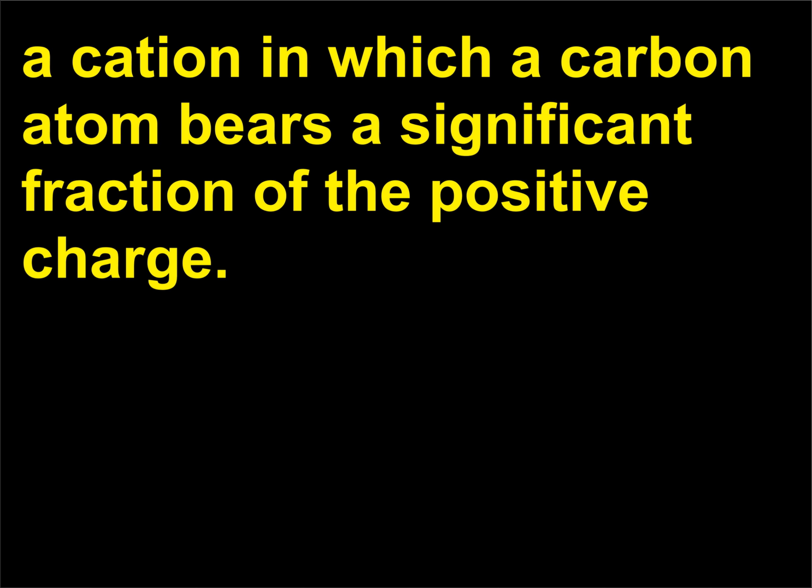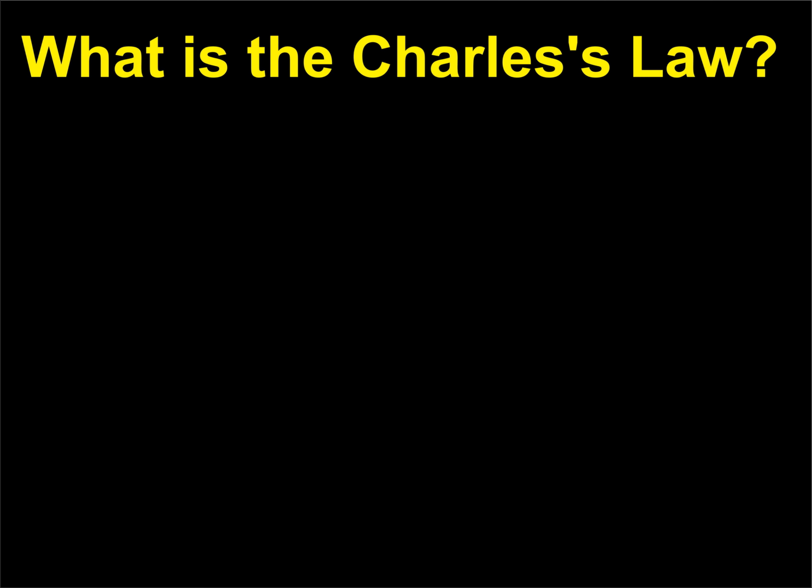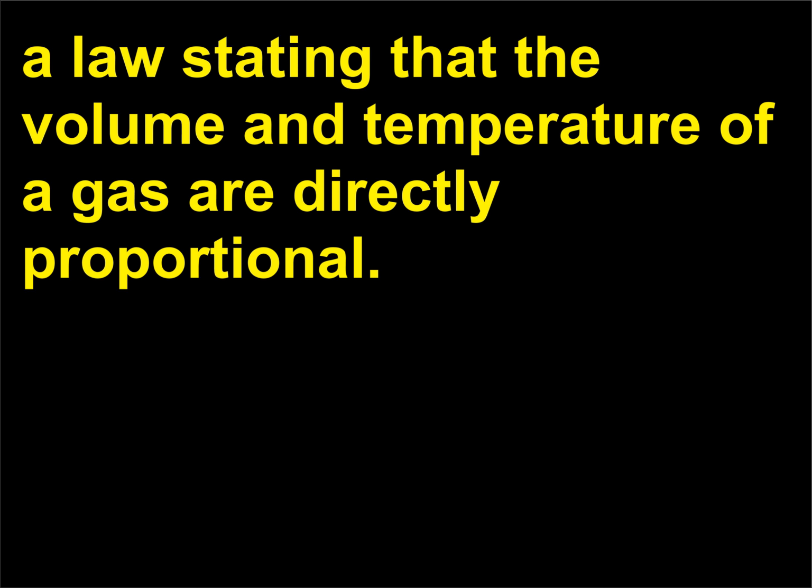A cation in which a carbon atom bears a significant fraction of the positive charge. What is Charles's law? A law stating that the volume and temperature of a gas are directly proportional.